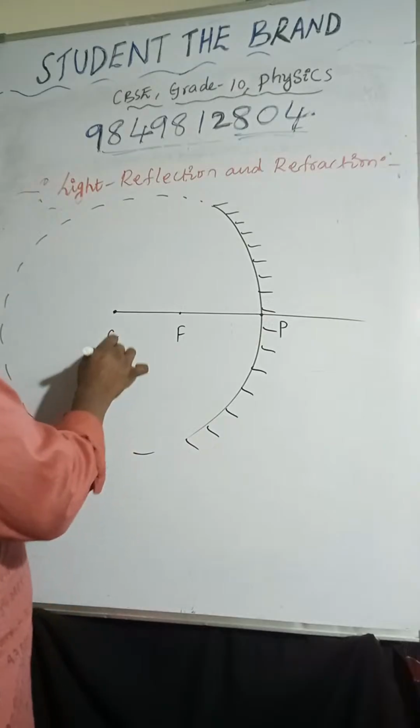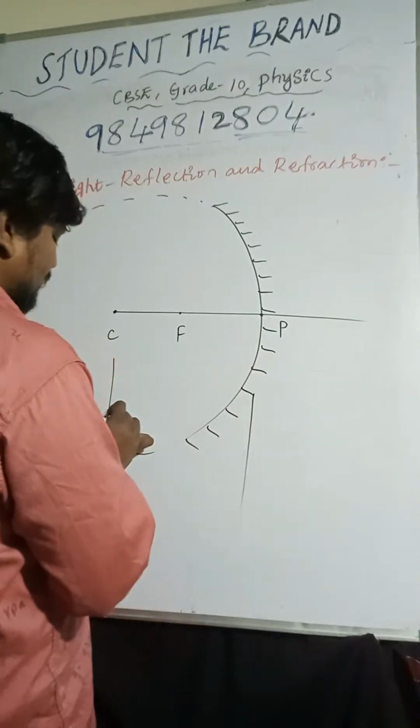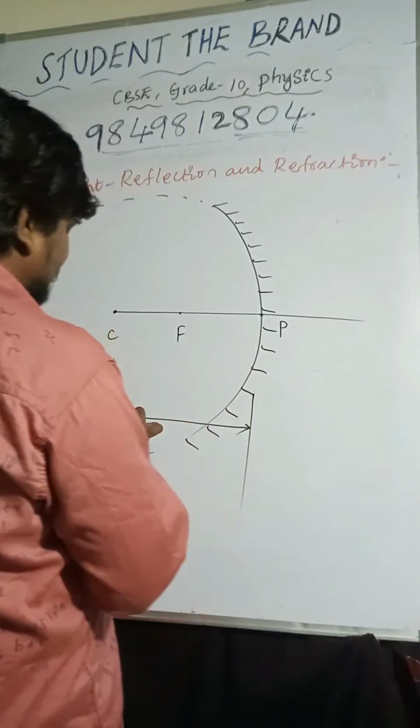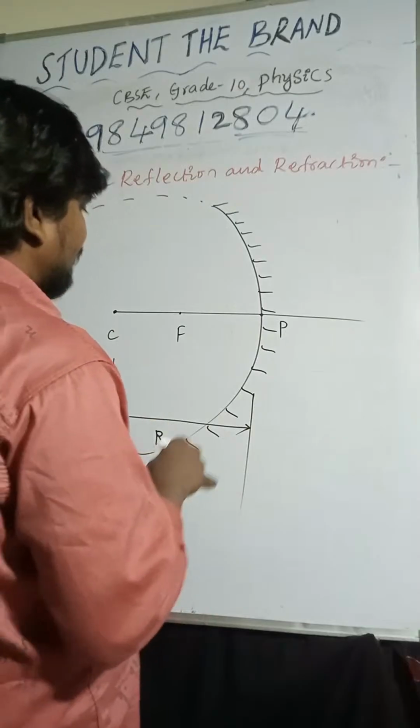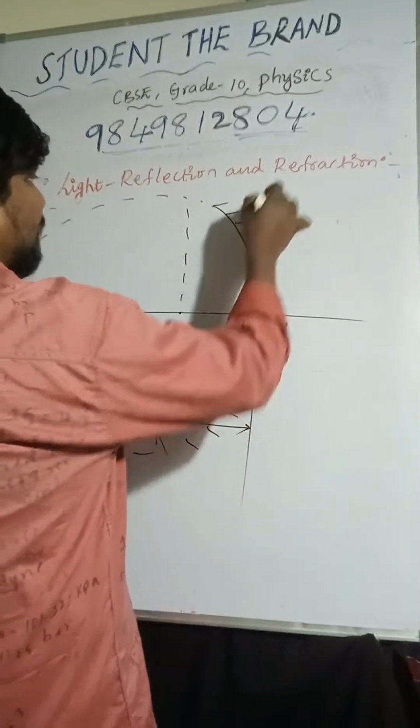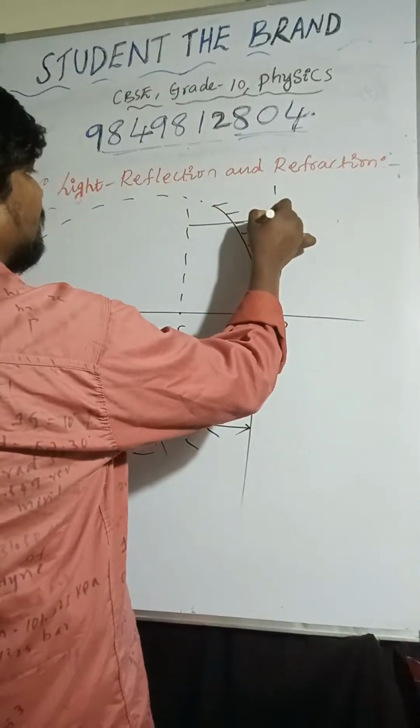The distance between the center of curvature and the pole is called the radius of curvature. The distance between the focus and the pole is called the focal length.